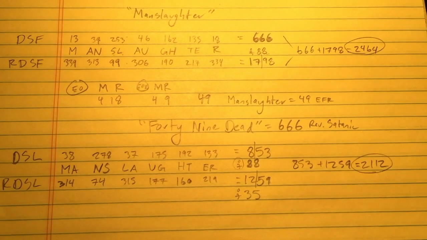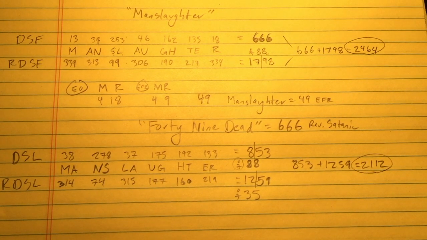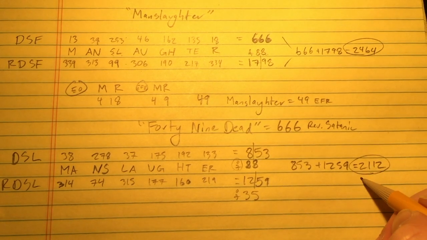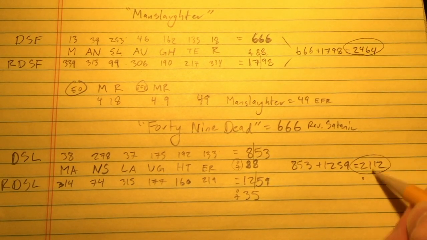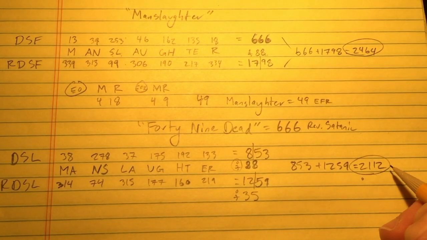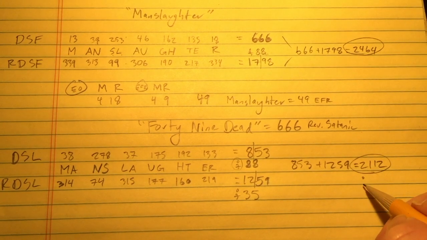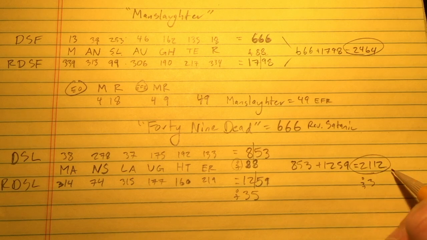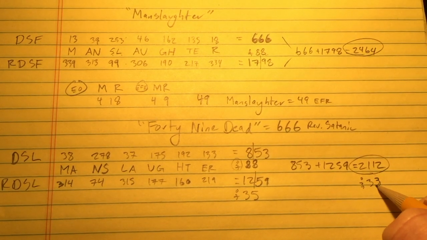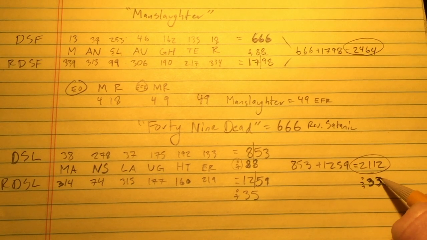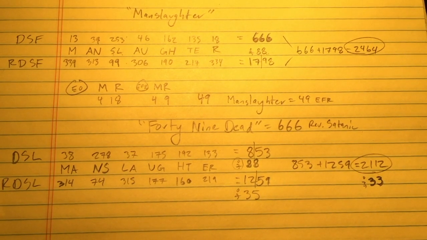So I'm still trying to figure out what these numbers indicate, but when we use the rules of numerology, where we split the number in half and then add the two numbers together, 2 plus 1 equals 3, and then 1 plus 2 equals 3, and then we get 33, one of the most important numbers in the study of gematria.